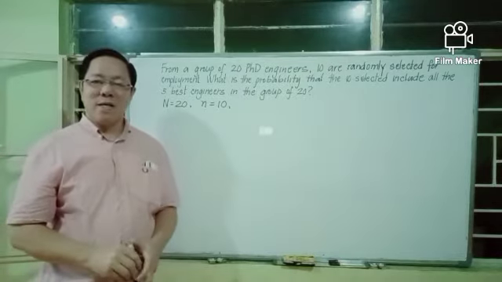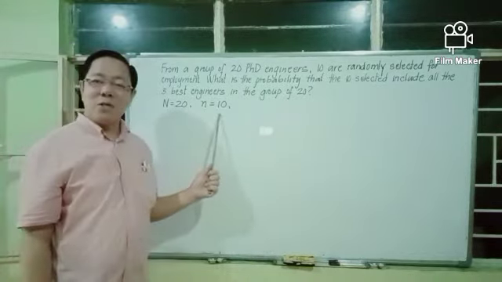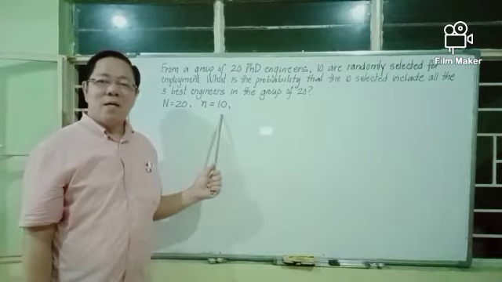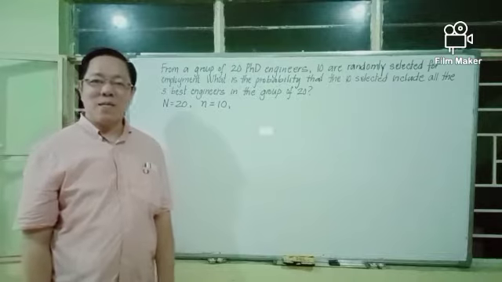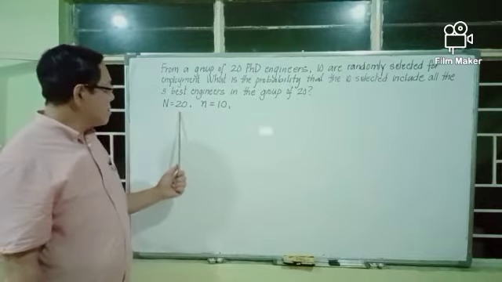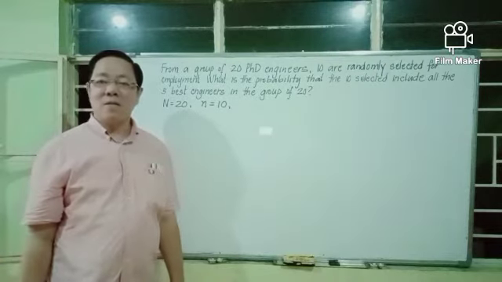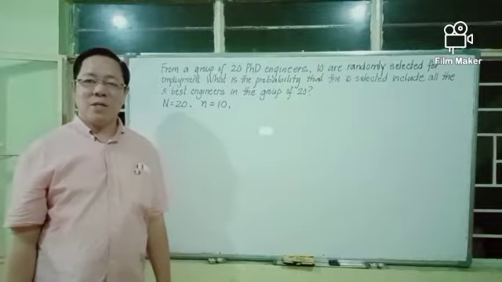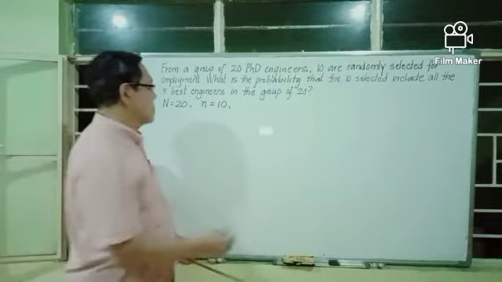And we can see that the population size of 20 is small in relation to the sample size of 10. Thus, we employ the use of hypergeometric probability distribution. And from the population N of 20 engineers, 5 are considered as the best engineers. Therefore, 5 is equal to k.